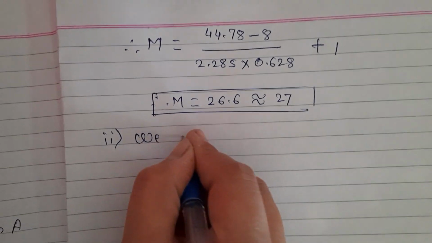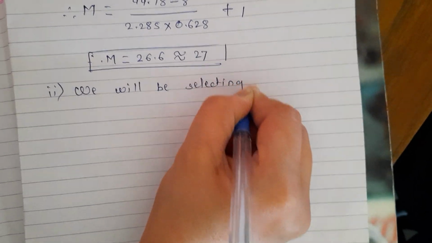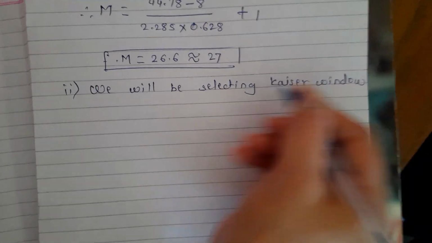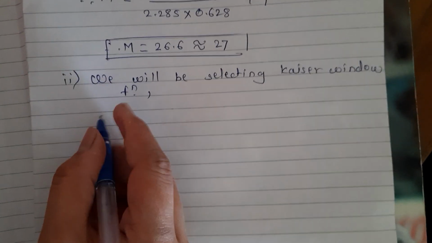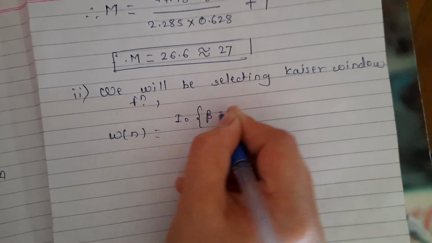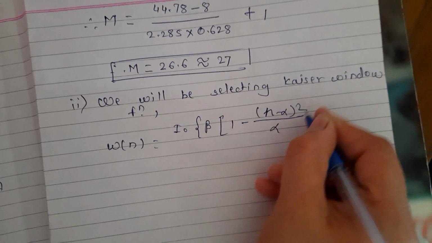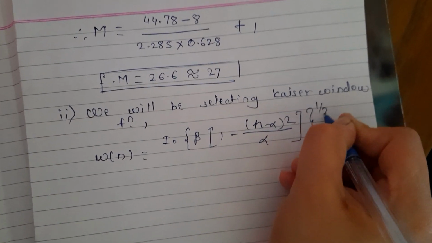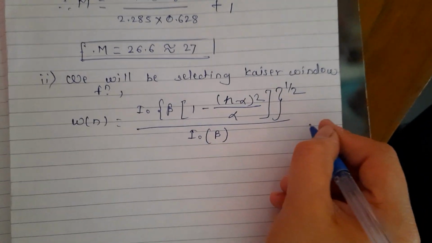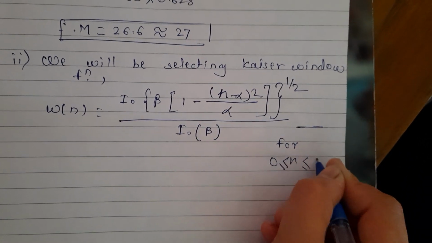We select the Kaiser window function, and it is given by w of n is equal to I0 of beta times the square root of 1 minus n minus alpha divided by alpha squared, divided by I0 of beta, and this is for n between 0 and M.